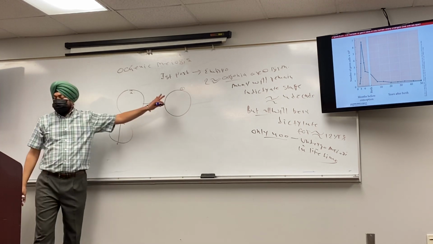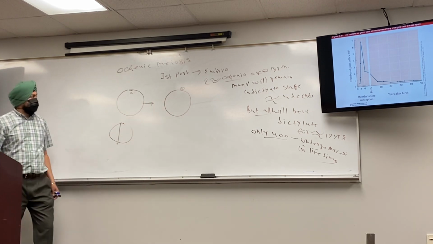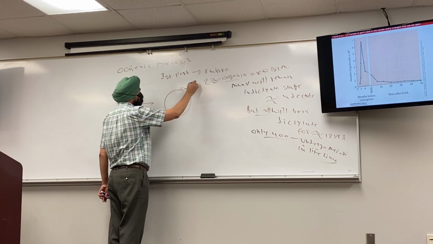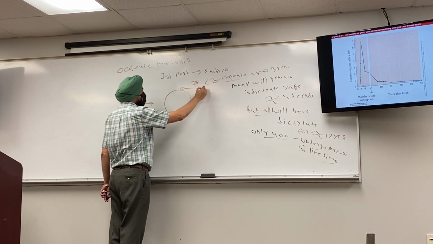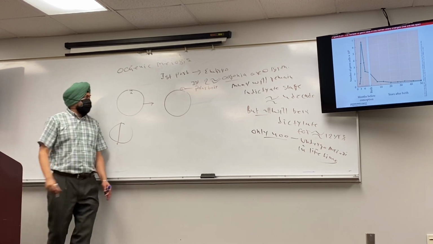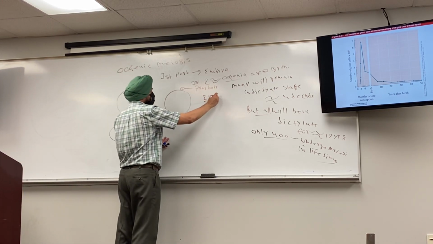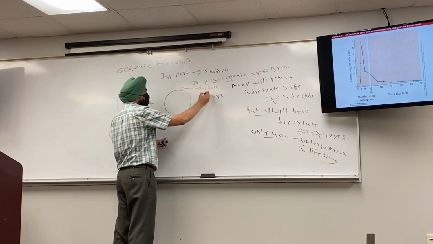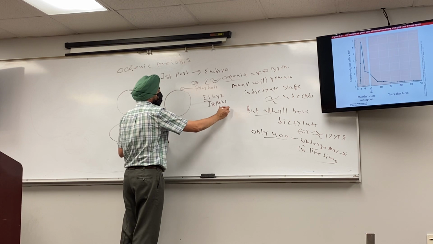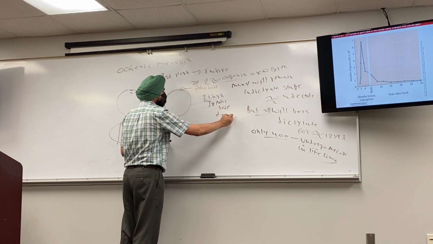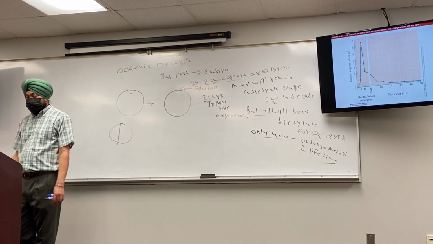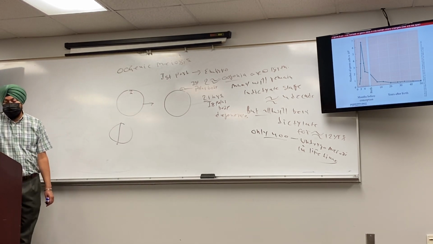So this large cell which is produced here is the primary oocyte, and this will be called the first polar body. And within 21 hours, this first polar body will degenerate.